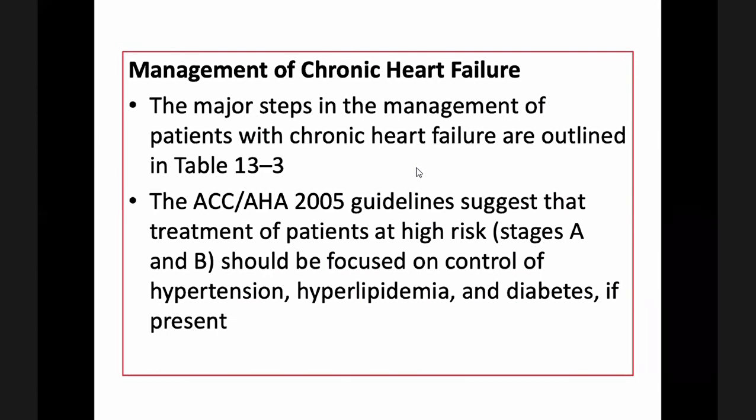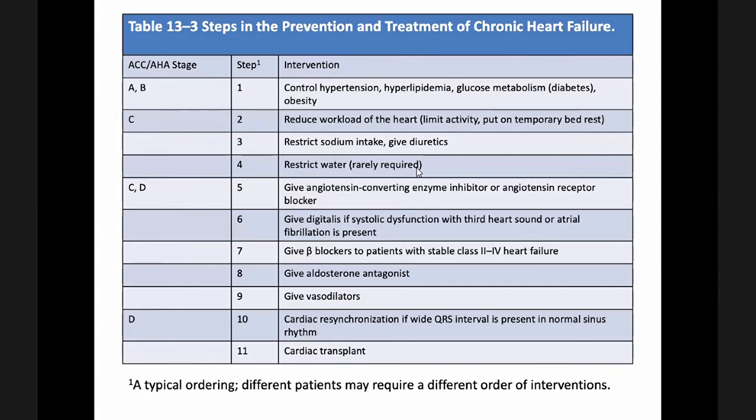The ACC/AHA 2005 guidelines suggest that treatment of patients at high risk should be focused on the control of your hypertension, hyperlipidemia, and diabetes if these are present. So this is the table for the prevention and treatment of chronic heart failure. You have the different steps here and the classification.